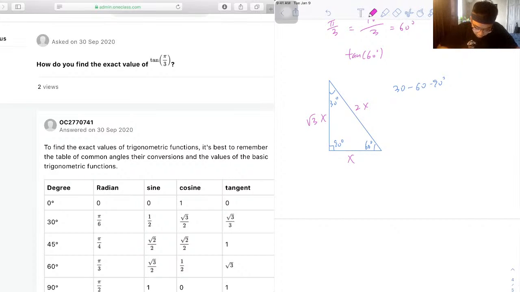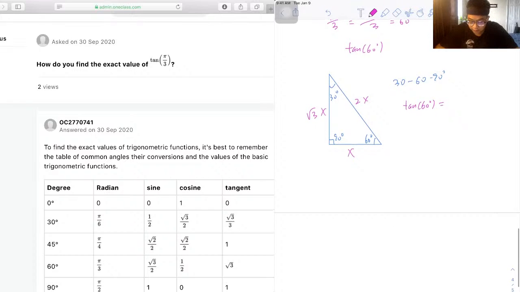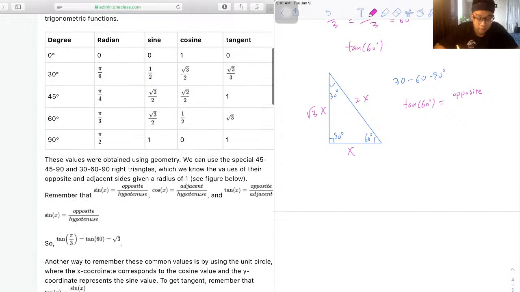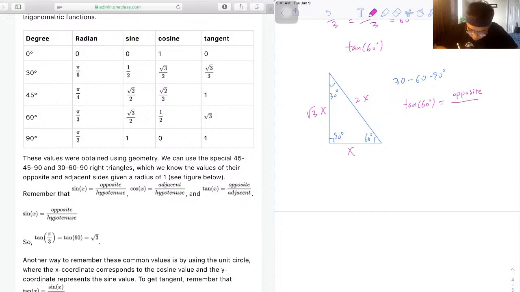So when we're talking about tangent 60 degrees, that is with respect to 60, and that's going to be equal to opposite over adjacent.